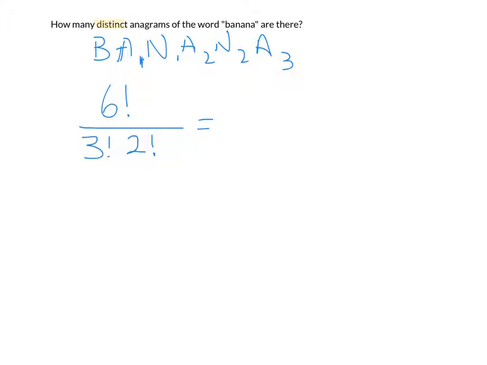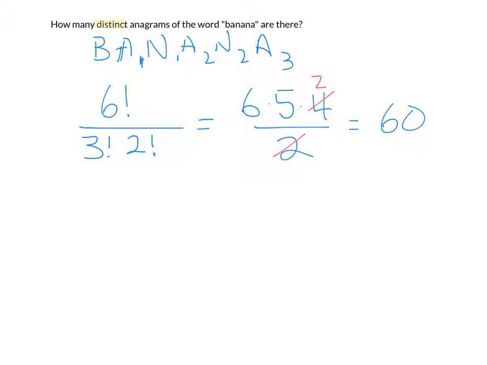So every one of those is going to be showing up 12 times in the list, which means the list is 12 times too long. So really what we have is 6 times 5 times 4 over 2, if we're simplifying a little bit. And then, of course, we can cancel and replace that with a 2, and we're going to get 60 variations of the word banana.